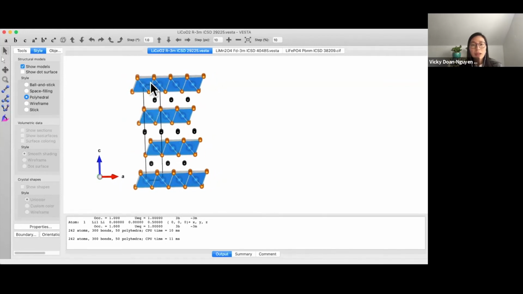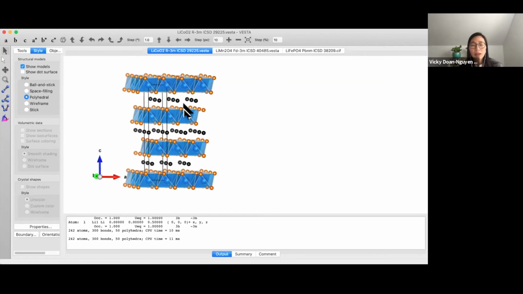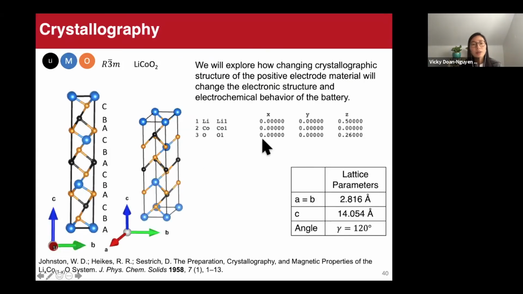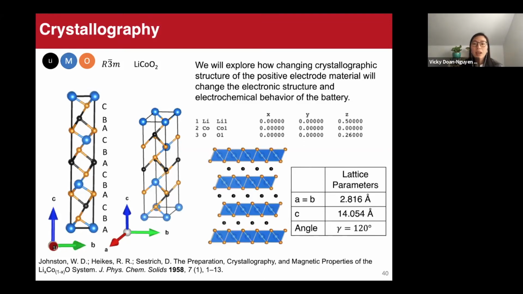And in the van der Waals layers here, you can see the lithium ions in the crystal structure. Okay, so here you see another view of the unit cell, and then the view with the unit cell propagated.